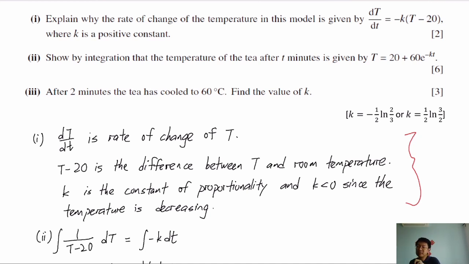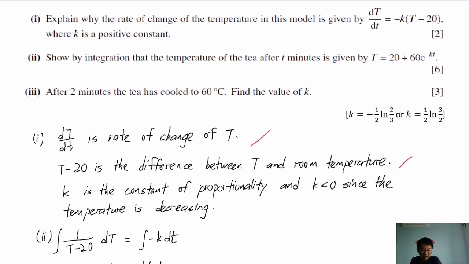Every single thing that contributes to the expression, we will have to explain a little bit. So dT over dt is the rate of change of T, and the second point here is T minus 20. What is meant by T minus 20? It is the difference between T and the room temperature.